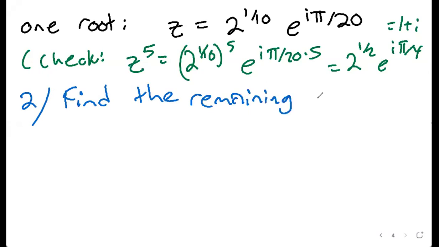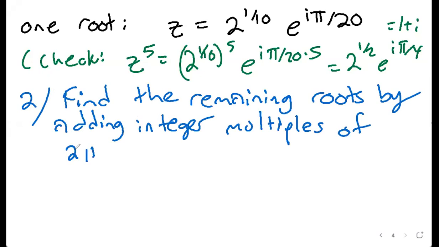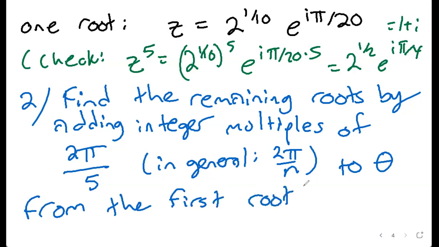In this case, we have 4 more remaining roots, found by adding integer multiples of 2 pi over 5, or in general, 2 pi over n, to the theta from the first root. So the theta from our first root here is pi over 20.